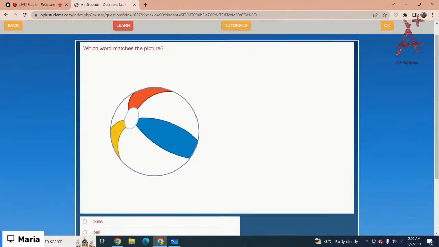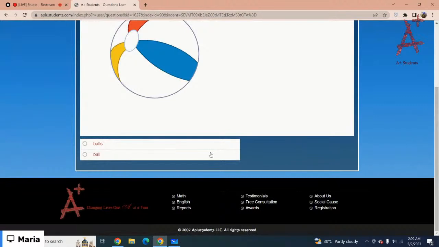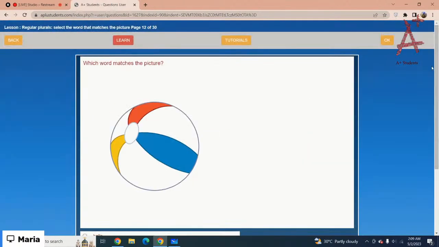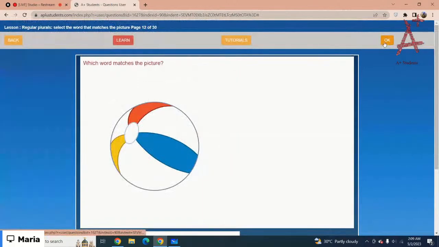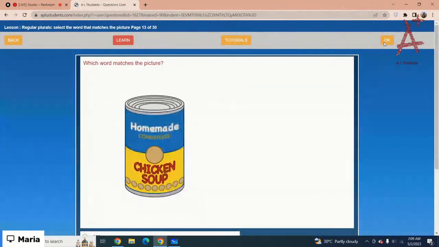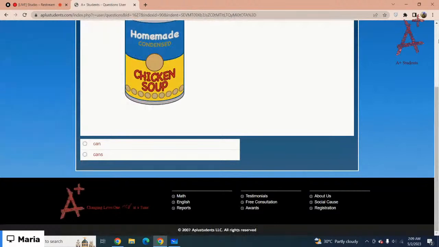Which word matches the picture? Balls or ball? Ball, we have just one, so this is the ball. Which is the correct option? Can or cans?